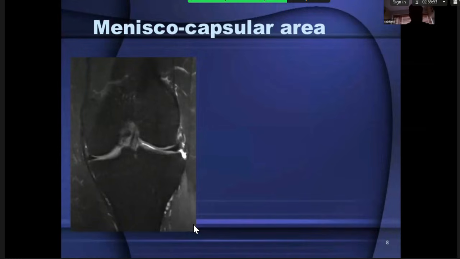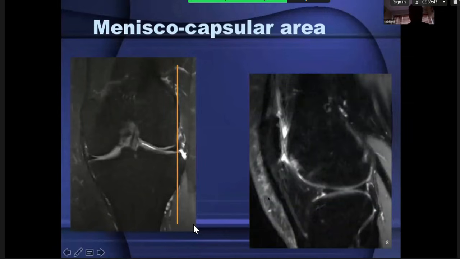An important area is the meniscocapsular segment, which is present on both sides at the peripheral margins of the meniscus. On the lateral side, as I've told you, you've got this thick popliteus tendon attaching, along with the superior and inferior ligamentous structures, which connect the posterior horn with the popliteus tendon.